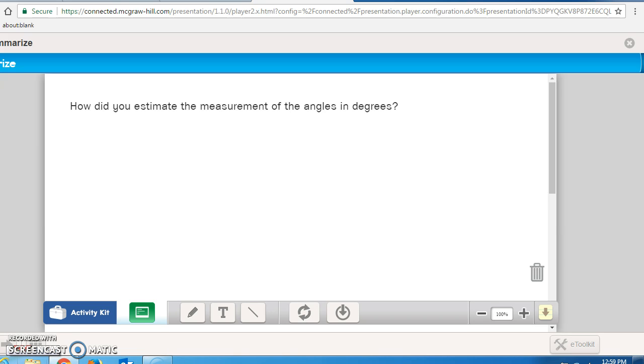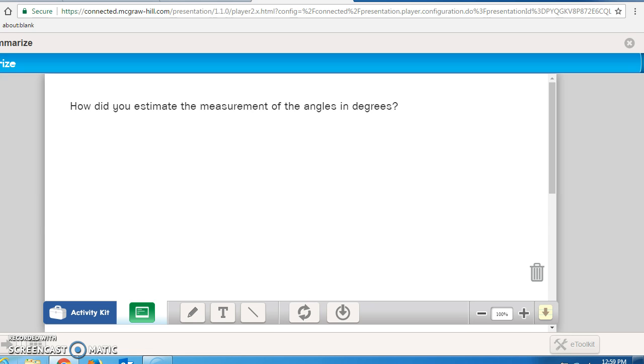So you should have brought your paper up to me to have me check Math Journal page 183. But I want you to think about how you estimated the measurement of the angle in degrees. Hopefully you used something that's a perfect right angle, like a Post-it note or the corner of a sheet of paper, and you realize that if it's smaller than that right angle, it's anywhere from 0 to 90 degrees.